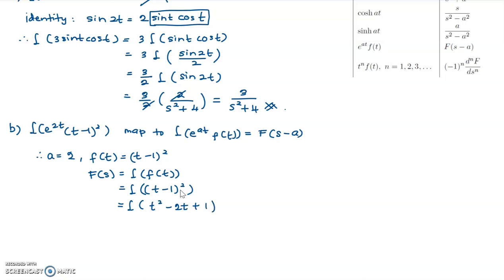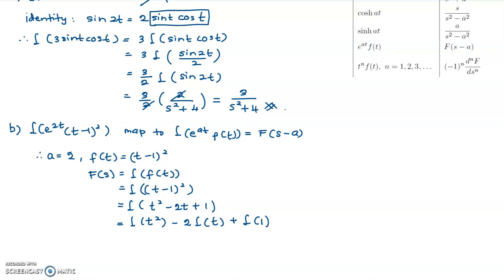By the linearity property, this can be written in the form of Laplace of t squared minus Laplace of 2t, but again you can put aside the 2, so minus 2 Laplace of t, plus Laplace of 1. So you can see individually you have those three terms in the table.